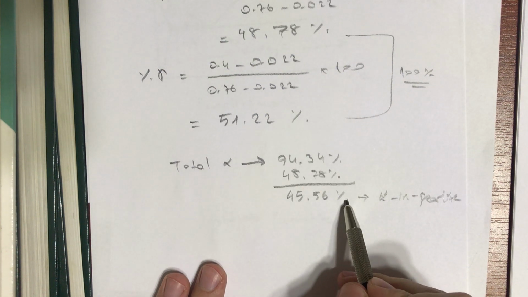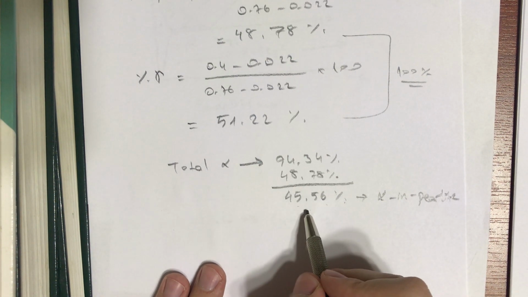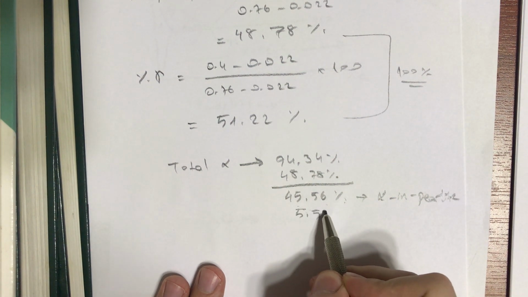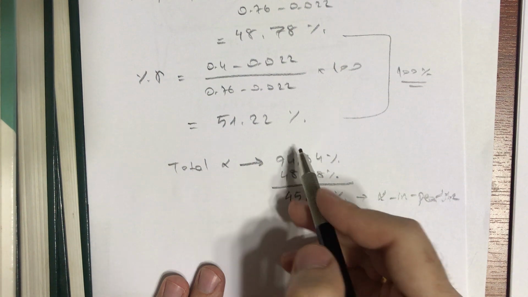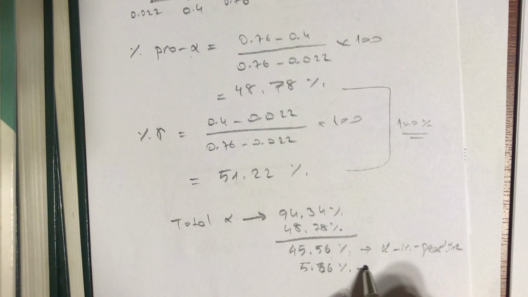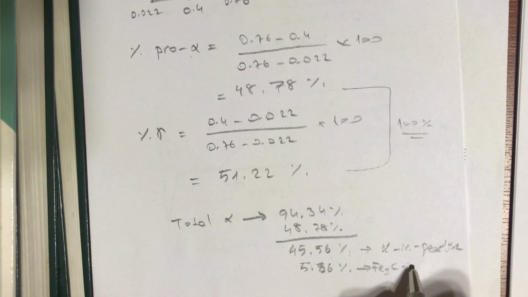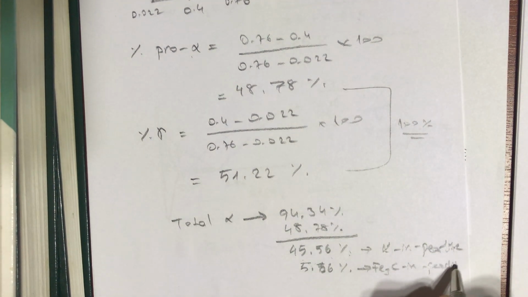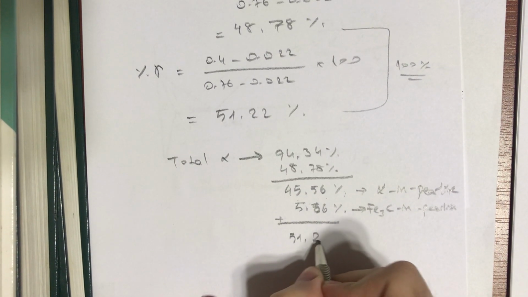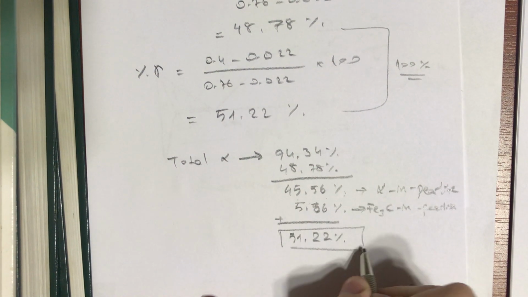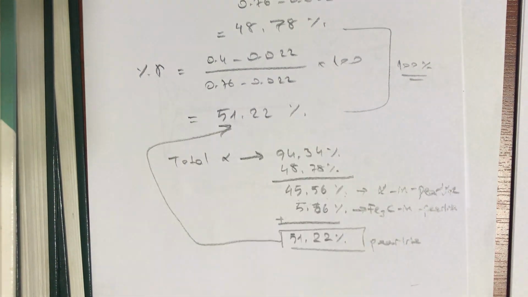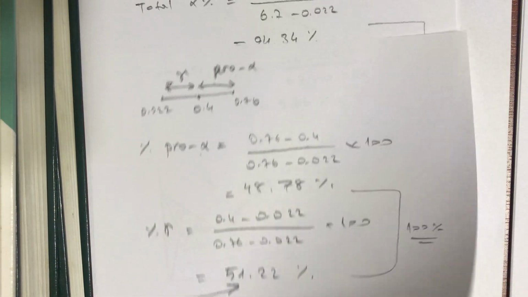Now, if you add the amount of cementite in perlite, which was 5.66, what you get is 51.22, which is the amount of perlite, and they match. So this concludes question 6.